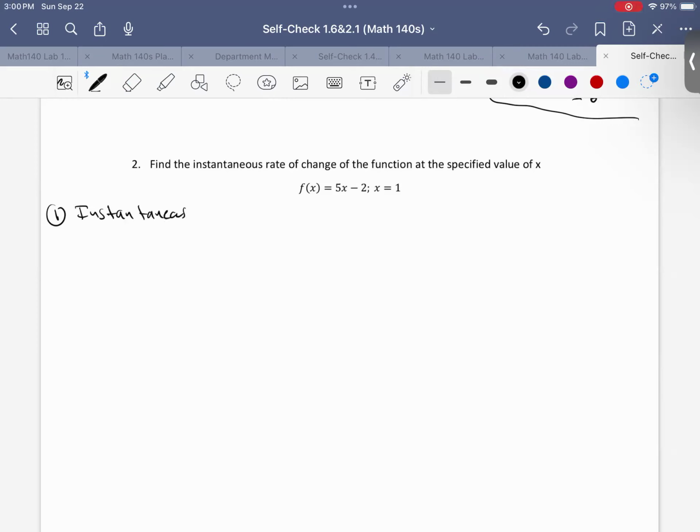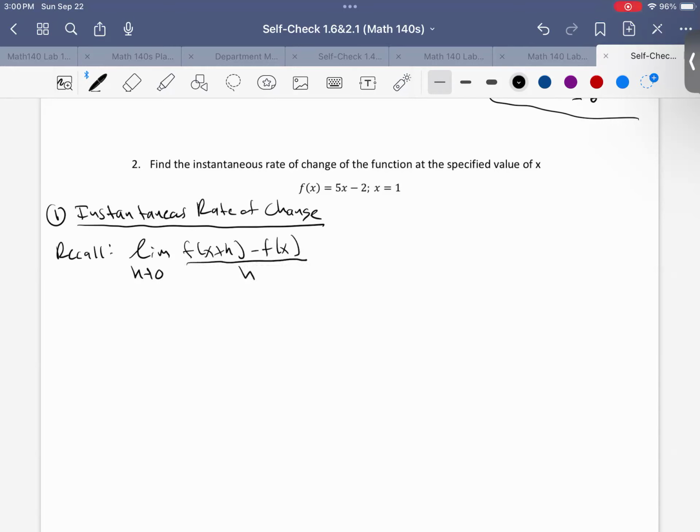So remember that is the limit as h goes to 0 of f of x plus h minus f of x all over h, right?